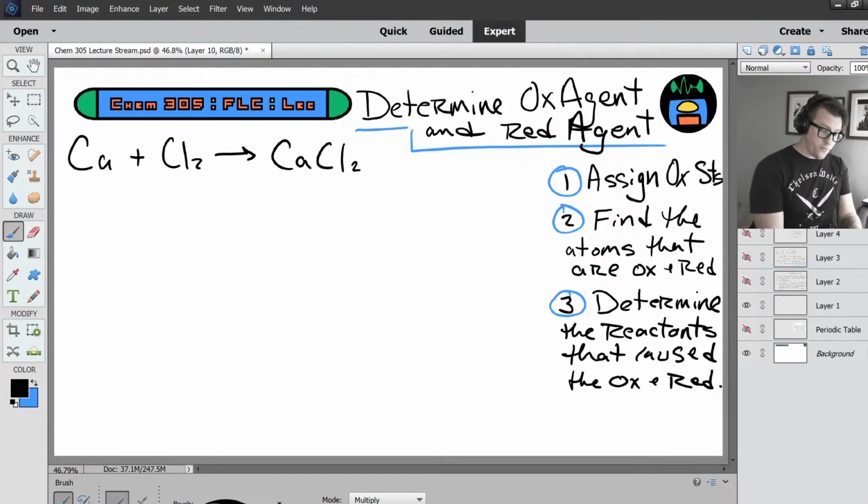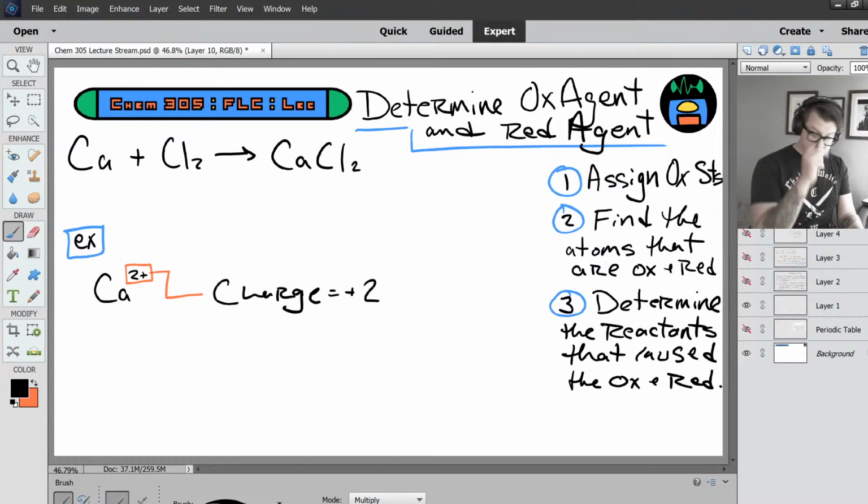So, for example, if I asked you what the charge of this is, you would tell me that the charge is +2 because it's written right there, correct?